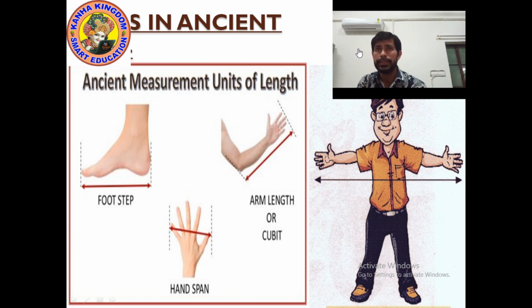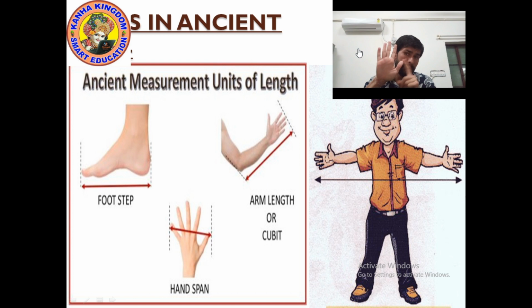Second is cubit, meaning the length of the arm, the length from the elbow to the tip of the middle finger. That is 1 cubit. They also used hand span, which is the length from the tip of the thumb to the tip of the little finger.